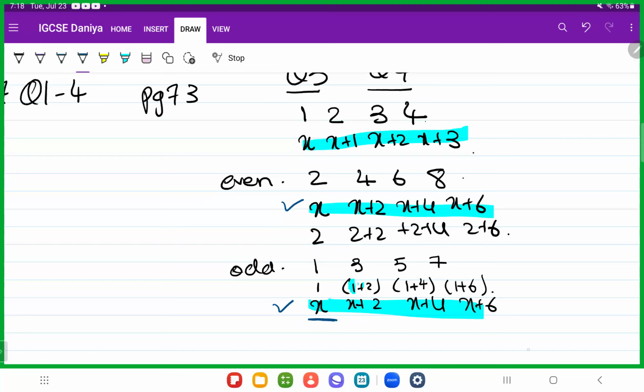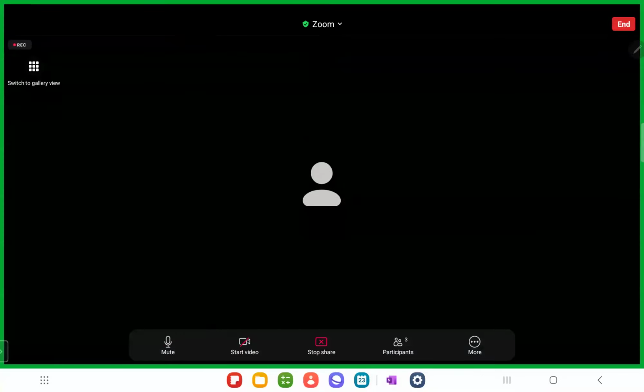Miss, is the answer for the first one 91, 92, 93? So you will need to check at the back of the book.